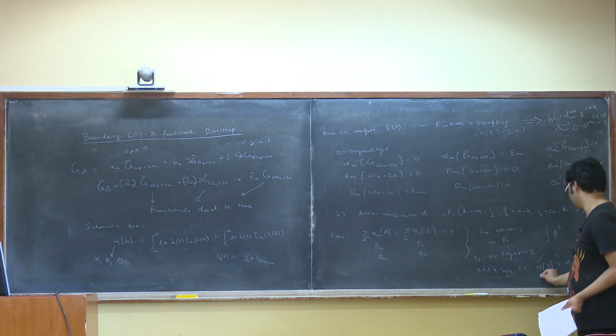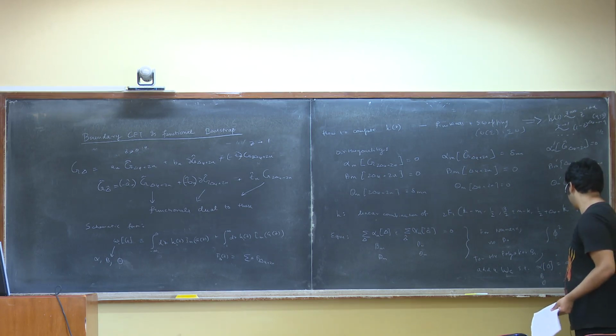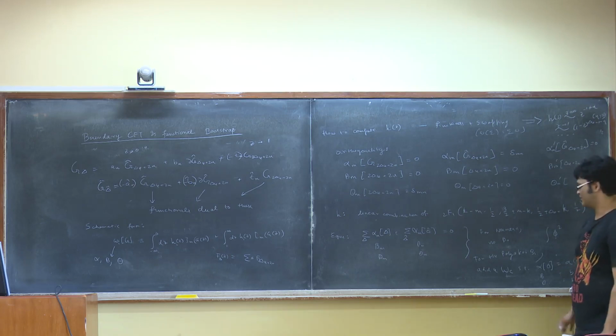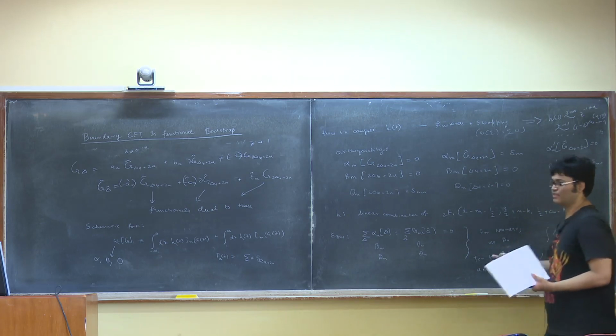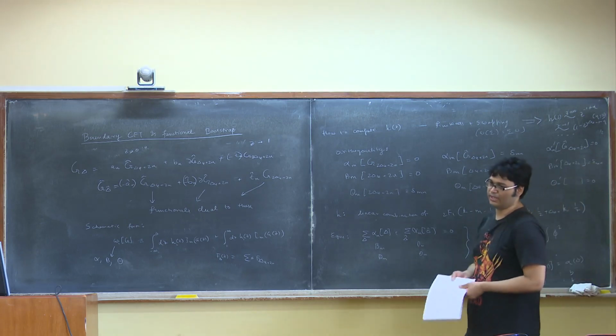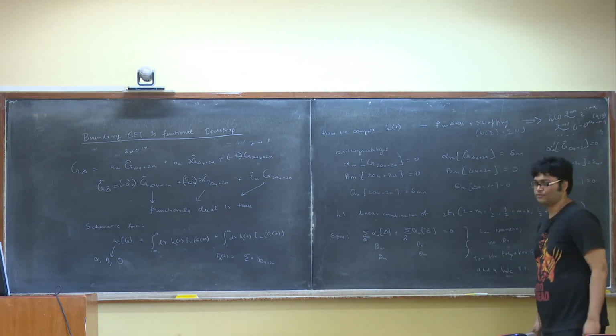And similar things for beta and B and theta and T. By taking care of that, we can add a Witten diagram, and for Neumann it's just a simple contact diagram that is sufficient for this.